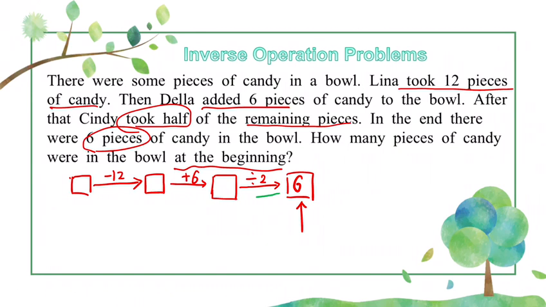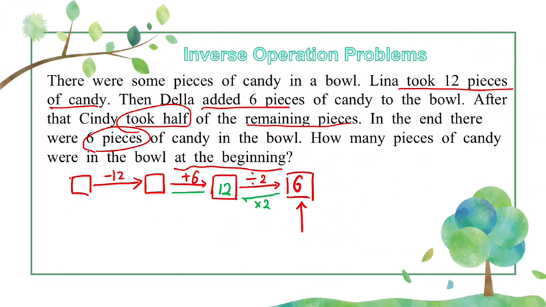When you want to push backward, you need to flip the symbol, right? A number divided by 2 is 6. So to get the value of this number, you need to times 2. So it's 12, right? 12 divided by 2 is 6. Okay, and then which number plus 6 is 12?